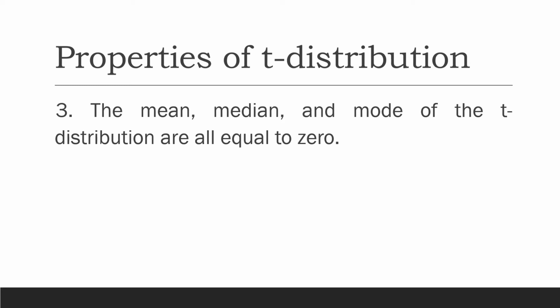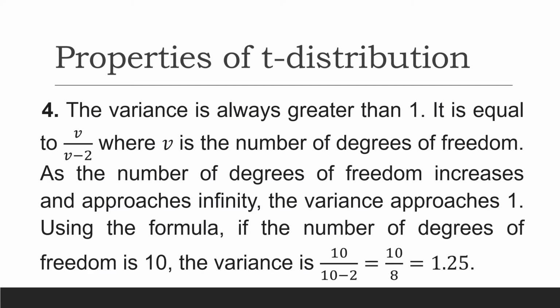We must also take note that, similar to the normal distribution, the mean, median, and mode of the t-distribution are all equal to 0. The variance is always greater than 1, unlike the normal distribution. It is equal to v divided by v minus 2, where v is the number of degrees of freedom.